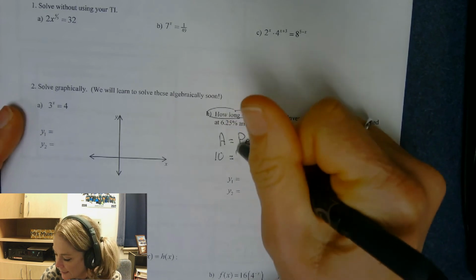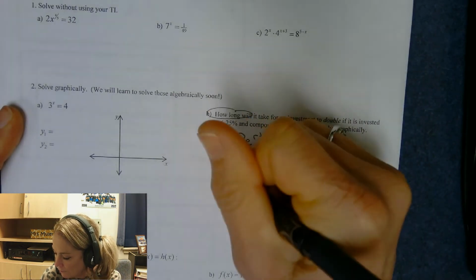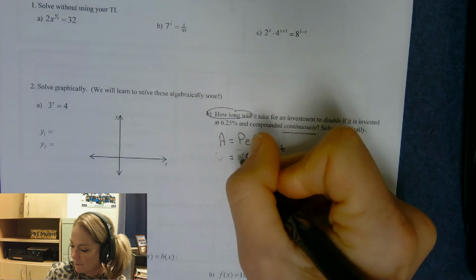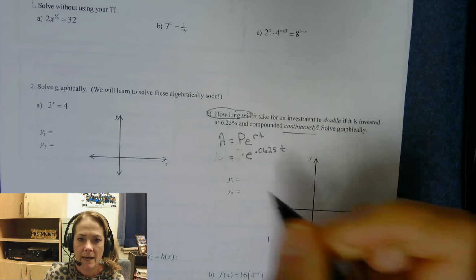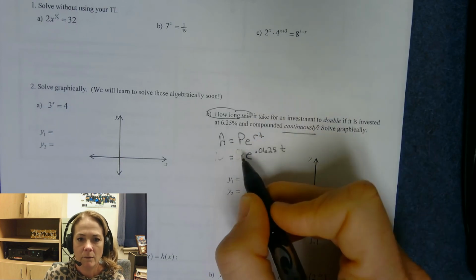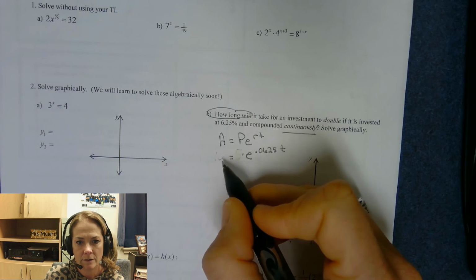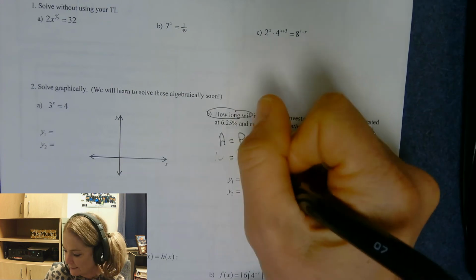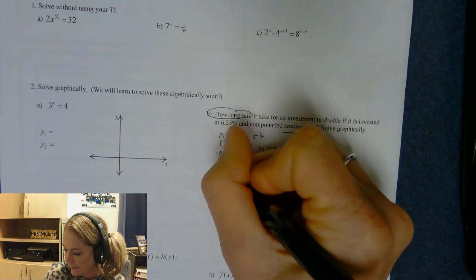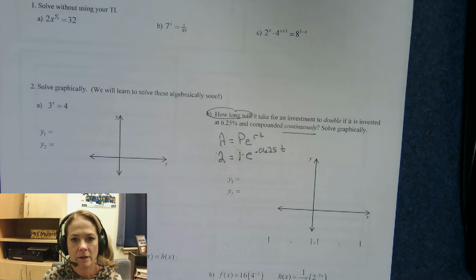So let's say you are putting in $1 million here, and you want to get 2 million here. Well, the first step is you're going to divide both sides by 1 million, and you're going to end up with 2 here. So let's just pretend like we're investing $1, and we want $2.